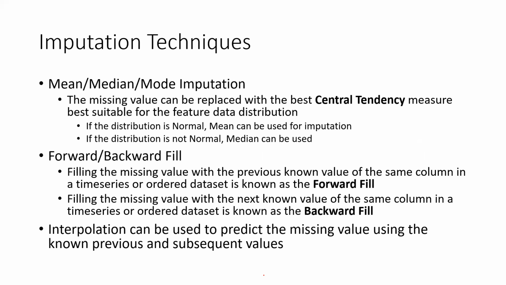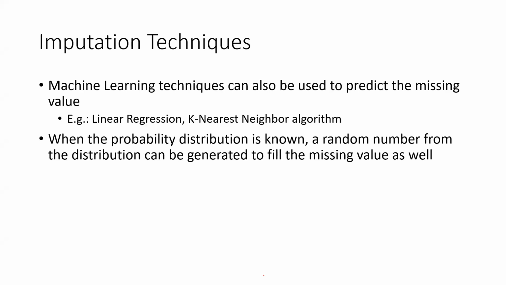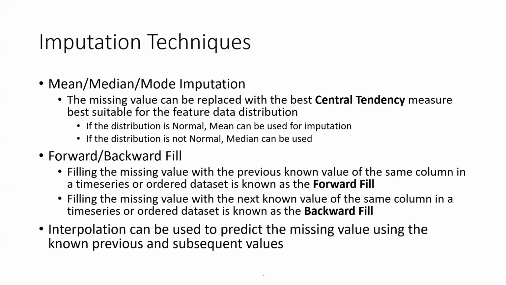Once you have replaced these missing values with the mean of these heights, what would happen to your distribution? Yes, the mean value of your heights will stay the same. Once you replace the missing values with the mean height of a person, then the mean height of this distribution will remain unchanged because you replaced with the mean value.